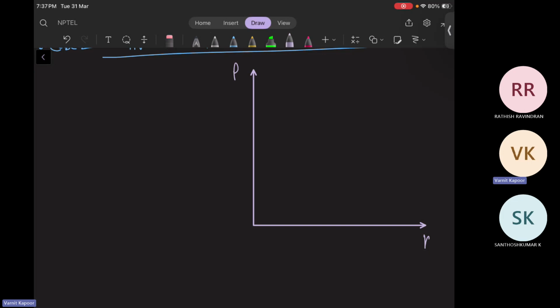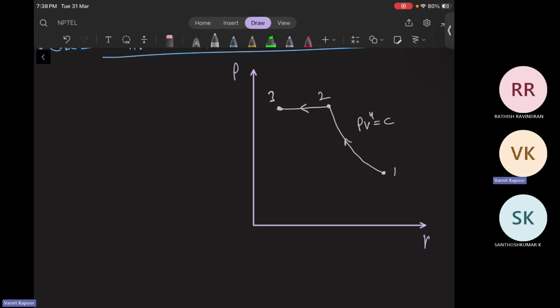Pressure volume plot. Okay. So from 1 to 2, your process is compression. Let us say polytropic compression is happening, 1 to 2. PV raised to the n is equal to constant. Okay. Then at same pressure, the clearance is there. So that's why we have stage 3.